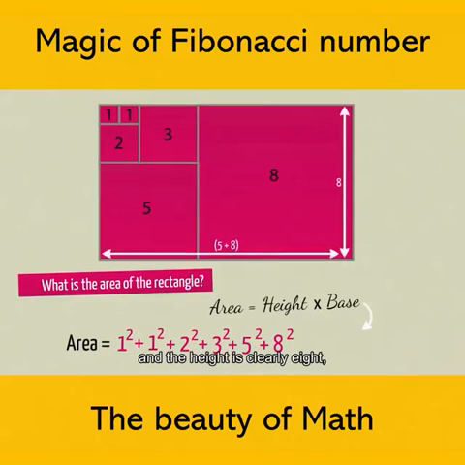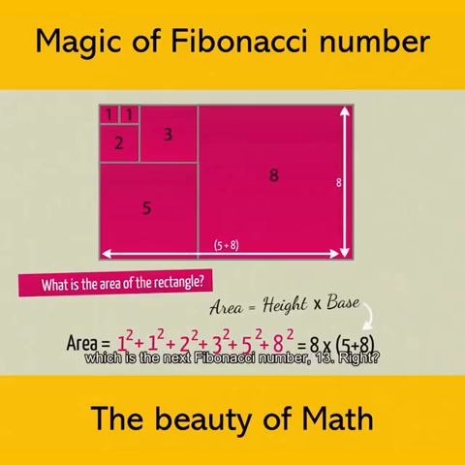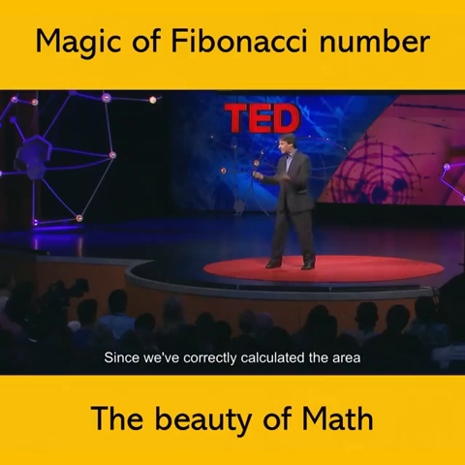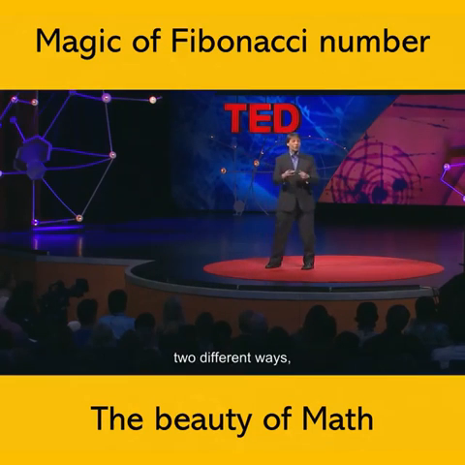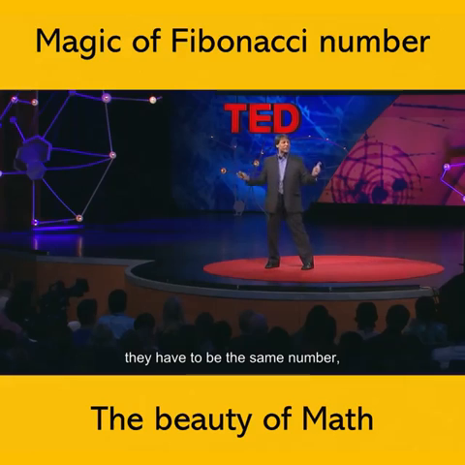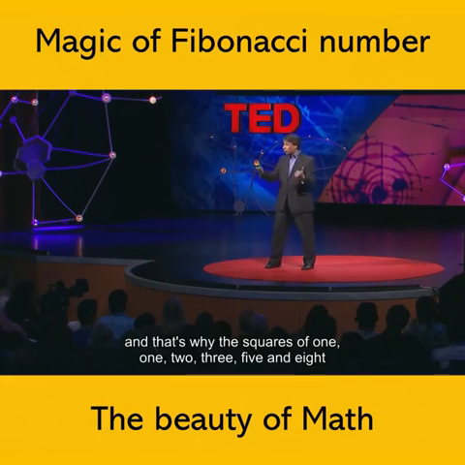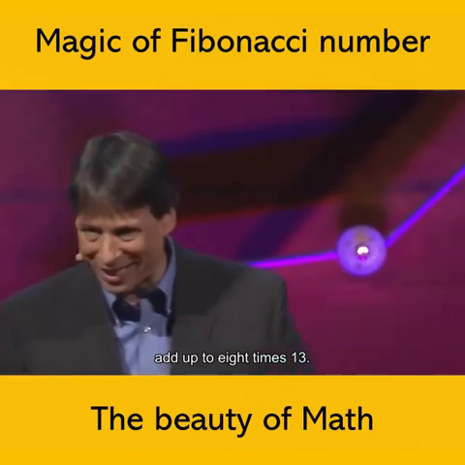And the height is clearly 8, and the base is 5 plus 8, which is the next Fibonacci number, 13. Right? So the area is also 8 times 13. Since we've correctly calculated the area 2 different ways, they have to be the same number. And that's why the squares of 1, 1, 2, 3, 5, and 8 add up to 8 times 13.